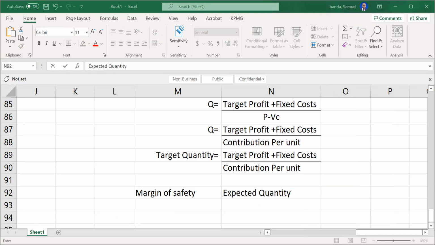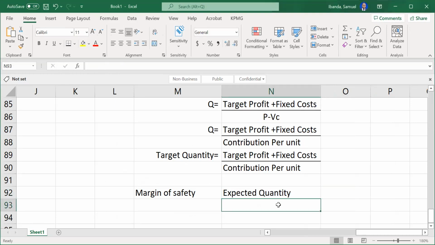But we also have what we call the break-even quantity, which we calculated for the ABC case.